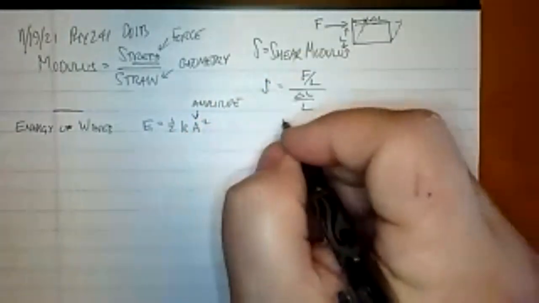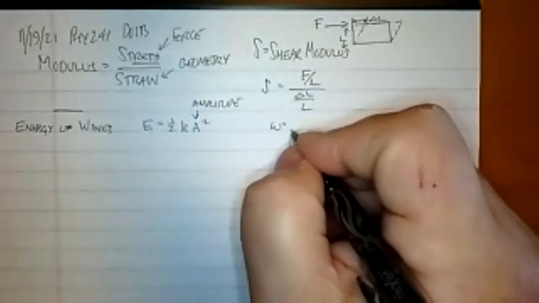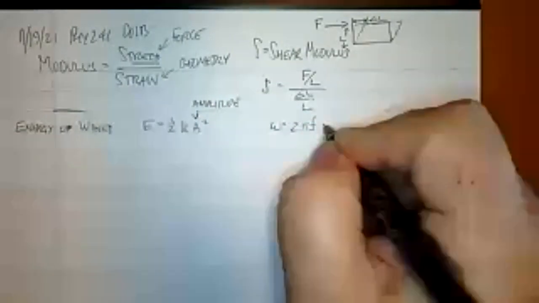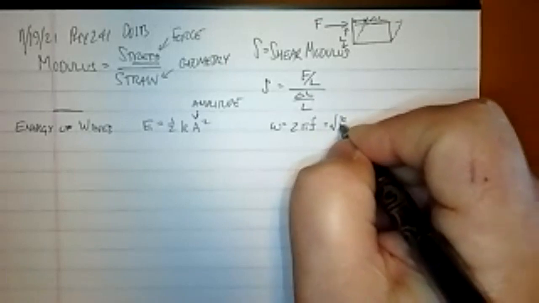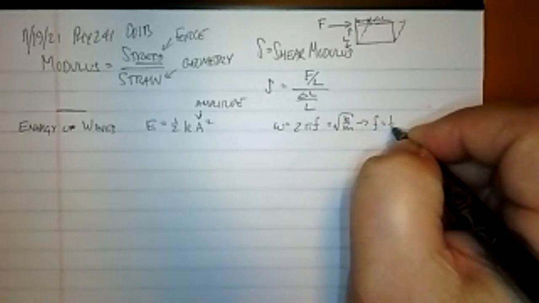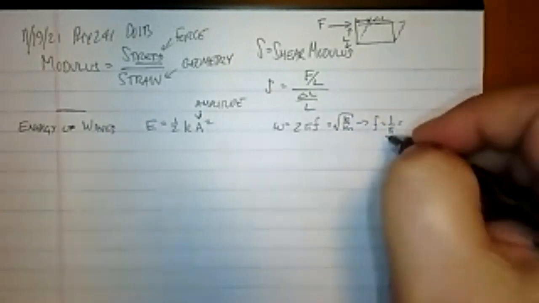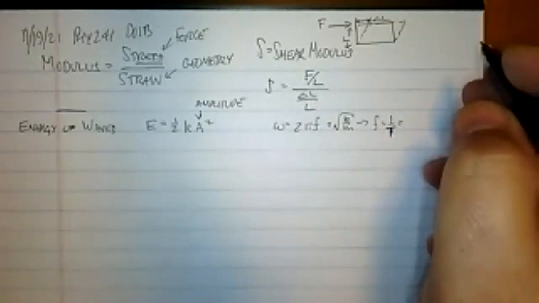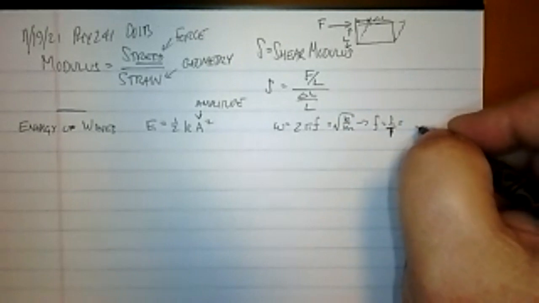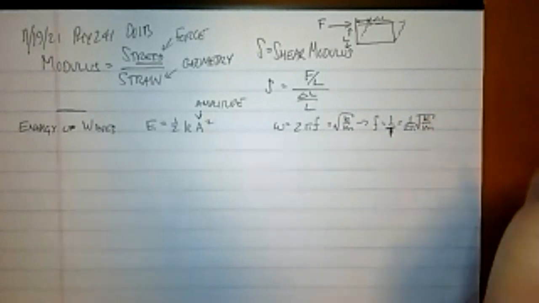Now, if you remember correctly, we had omega is equal to 2 pi times f, and we also had that omega was equal to the square root of k over m, so that f, which is 1 over the period, we would write as the square root of k over m times 1 over 2 pi. I don't know why I wrote pi.